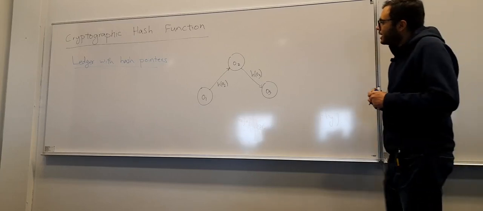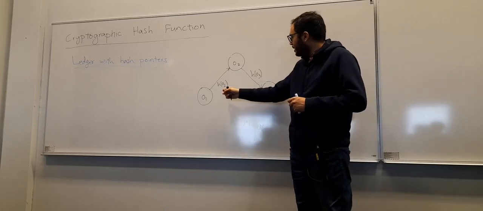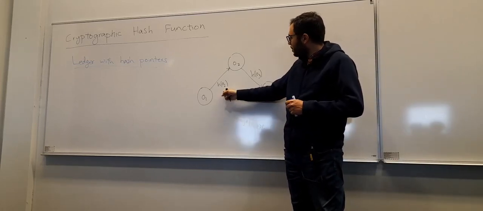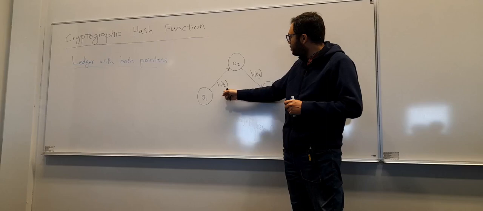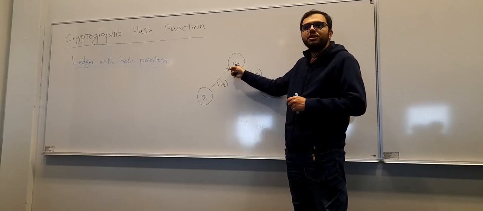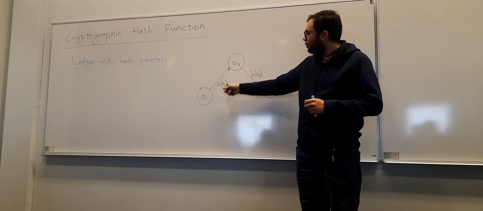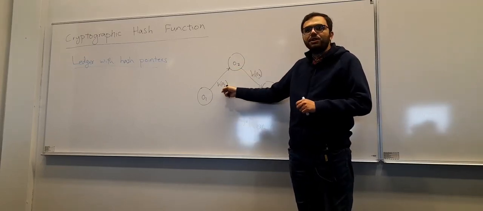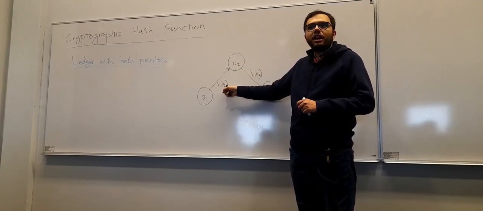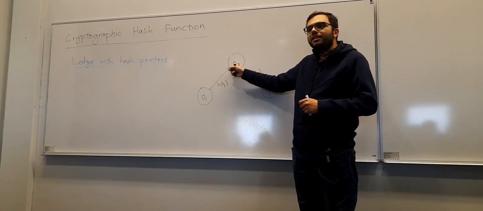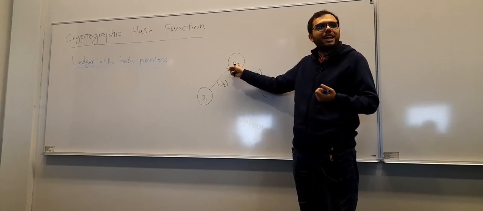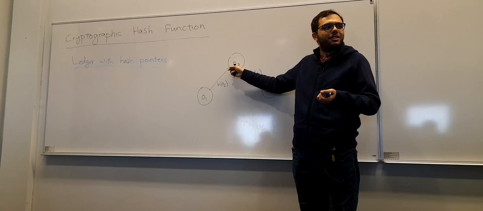The point here is that these pointers are, in a sense, immutable. They're making sure that you cannot change the object O2. So if O1 is pointing to O2 with a hash pointer, and later on I change O2, then its hash will also change, because if its hash doesn't change, I've violated collision resistance, right?